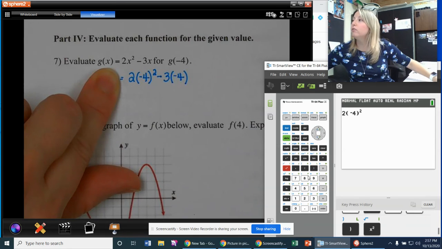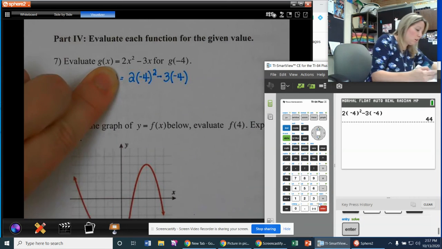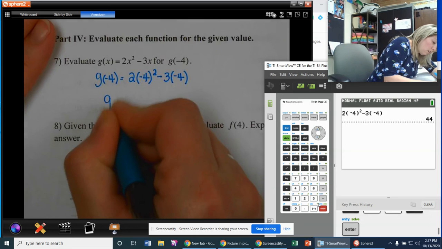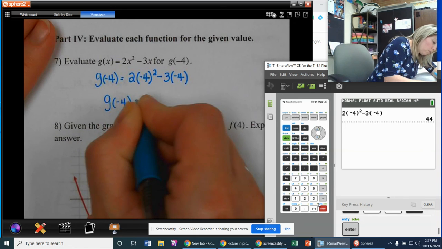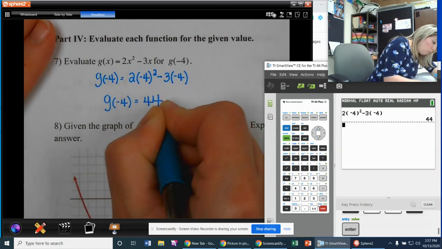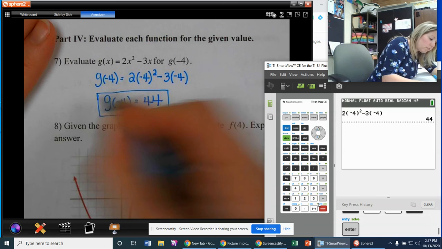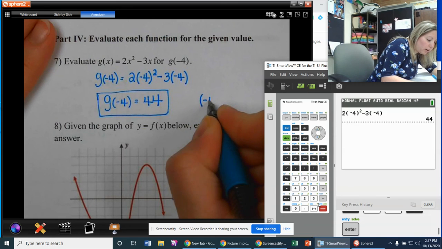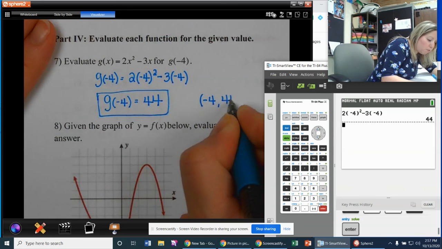I literally rewrite -3 times -4 in parentheses. So I'm rewriting that substitution and I get 44. So G of -4 equals 44. That's one way to write your answer. Another way you can write your answer is -4, 44.